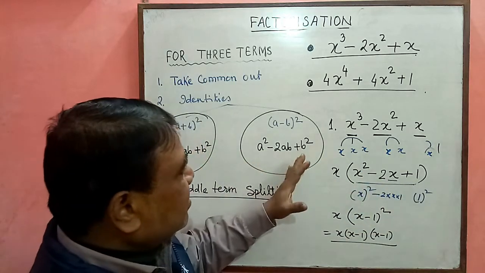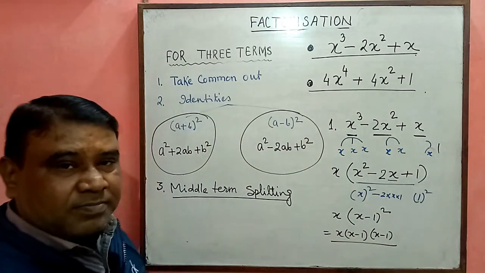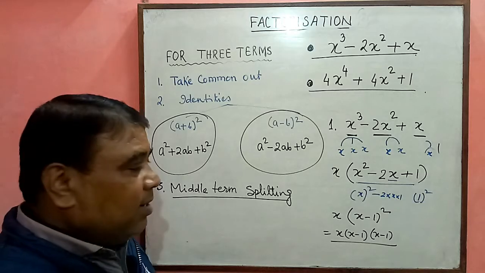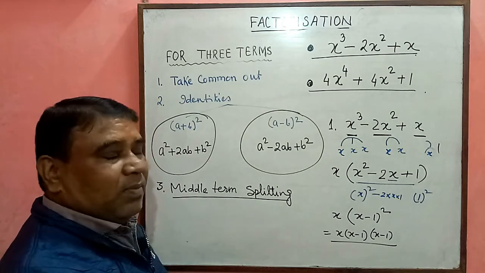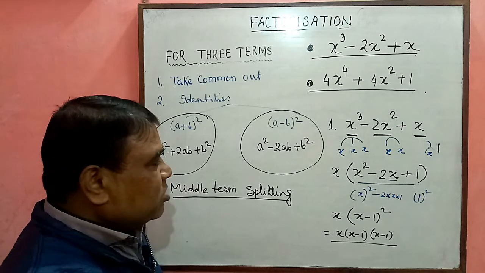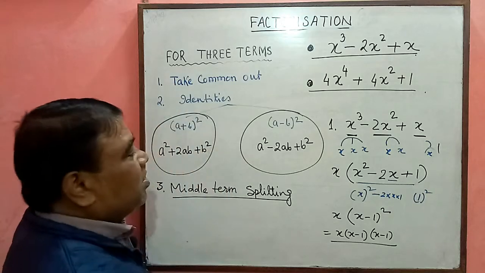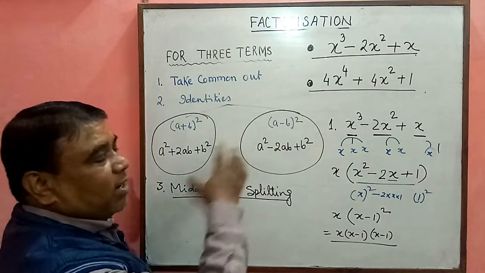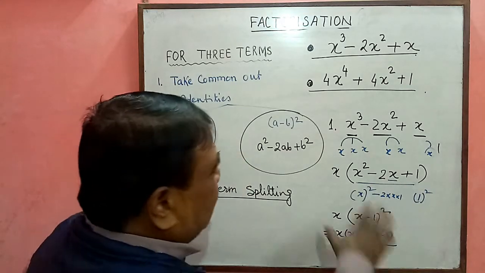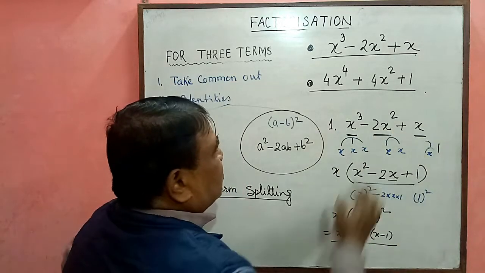For these identities, these two terms will be perfect squares, and multiply their square roots by 2. If the middle term appears, then obviously this will be one of these two identities. So this way it is. This is the factor of this.